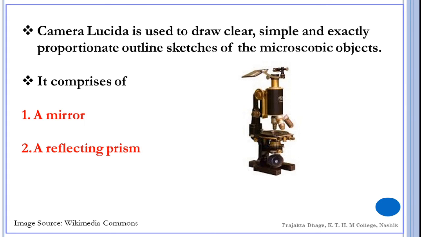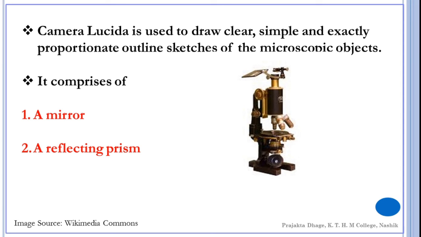It is used to draw clear, simple and exactly proportionate outline sketches of the microscopic objects which you are studying. Now camera lucida comprises two main things. The first is a mirror, and the second is a reflecting prism. These are very important things.